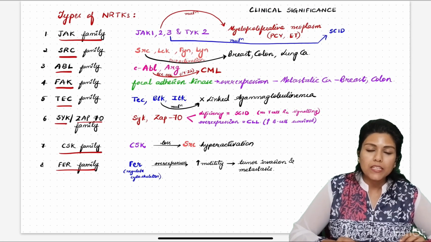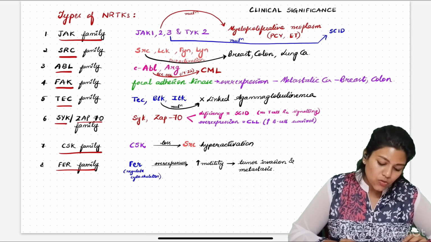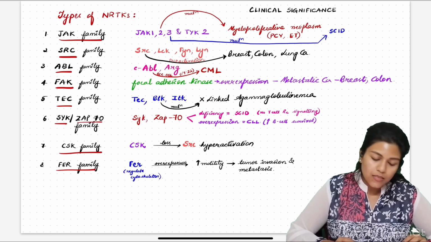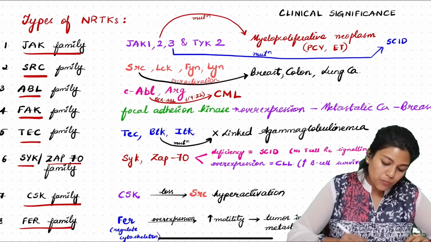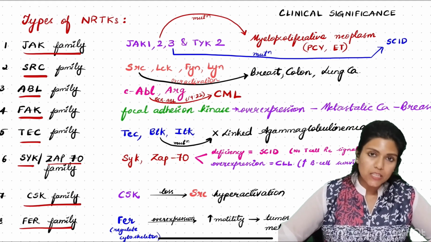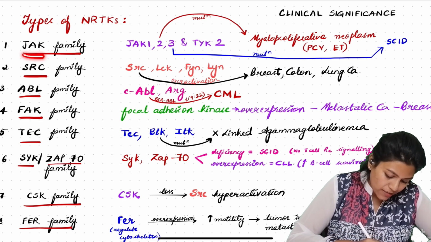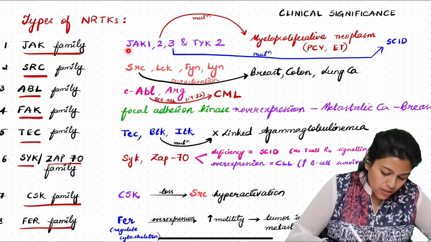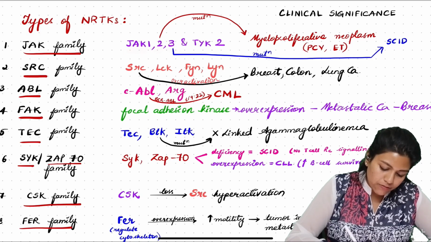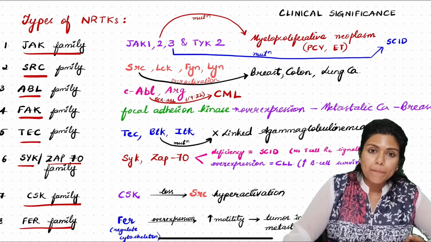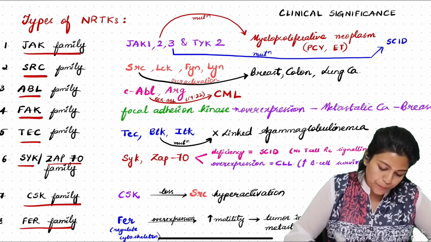These are a few families of NRTKs. Each of these families has members, among which we'll take up a few important members that have clinical correlation. Among the JAK family, there are JAK1, JAK2, JAK3, and TYK2.